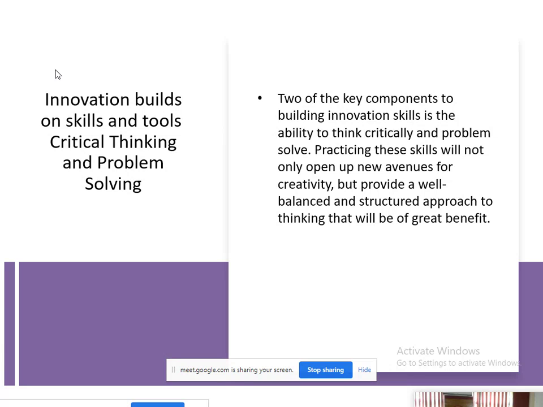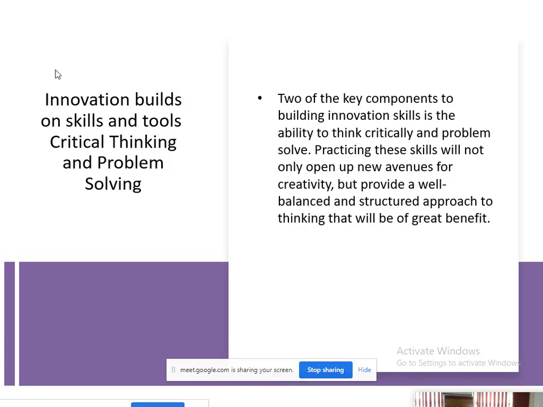So innovation solves new problems of the customers. There must be a problem which companies or new startups are trying to solve. To solve that problem, they must think critically.